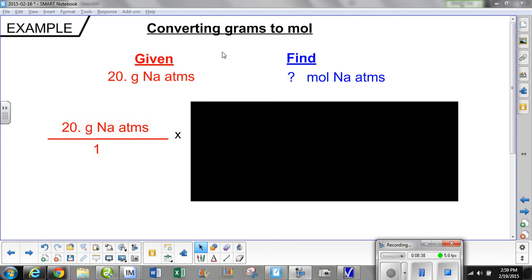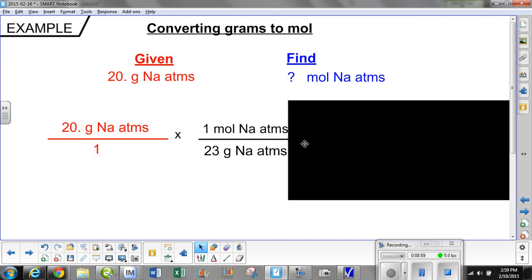They're in numerical order. Okay, so what's going to be on the top of that fraction? 23 you just said is on the bottom. 1 what? Very good. Okay, there you go. And that's 1 mole of atoms.